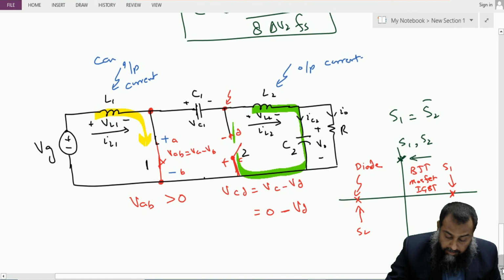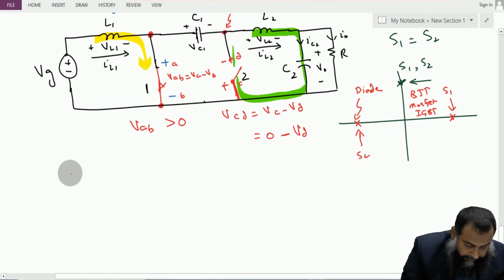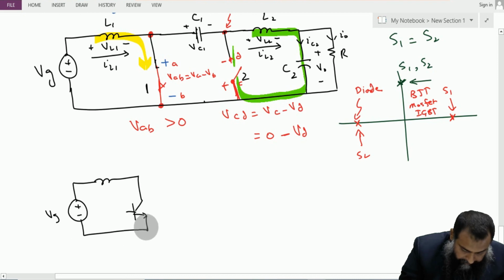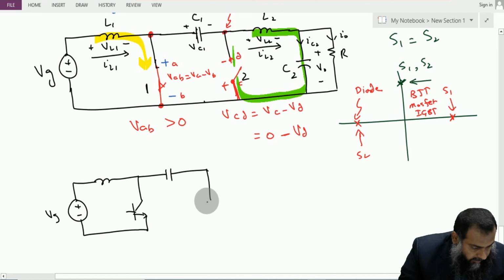So if I redraw this particular circuit, we have a switch here, we have a series capacitor, and here we have the diode.